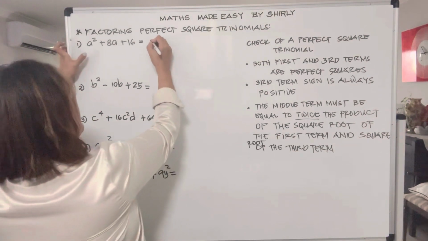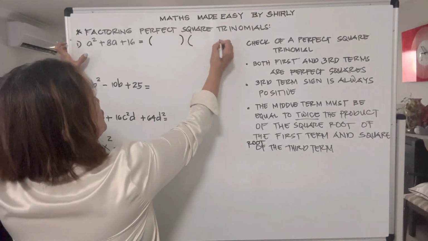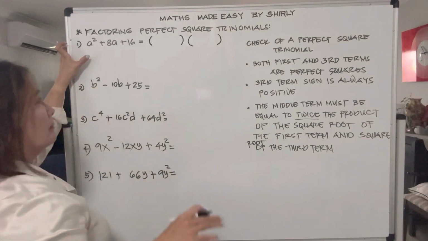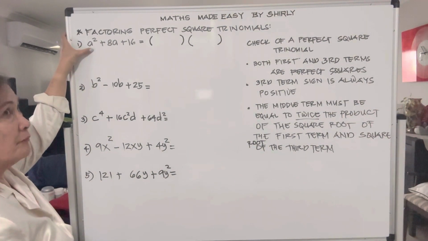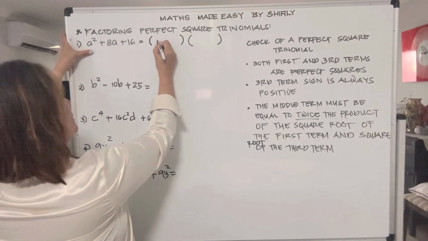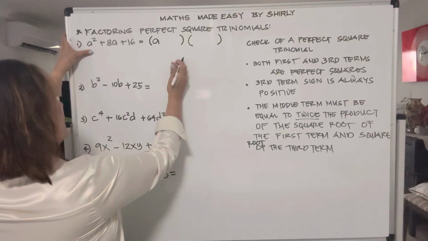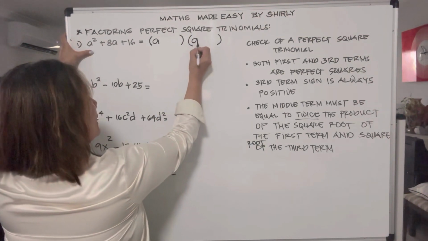Okay, so applying that, knowing that we have 2 binomials, we get them from the first term by taking its square root. The square root of a squared is a, and a.